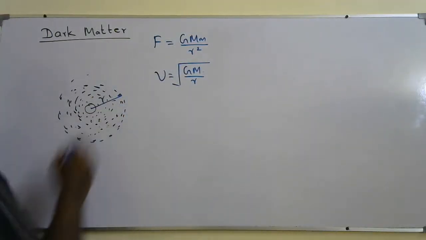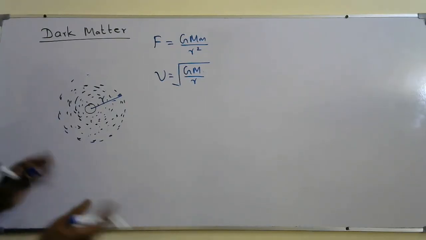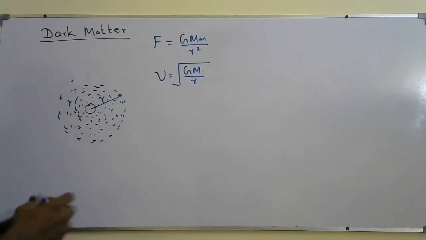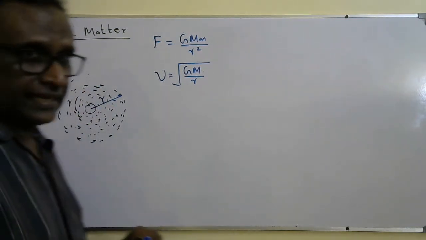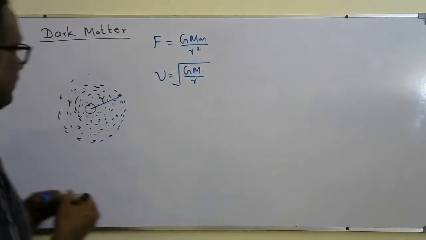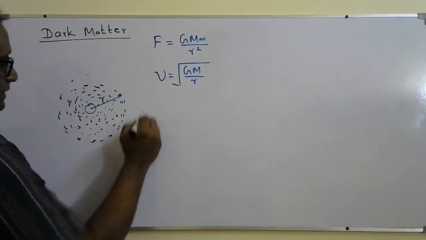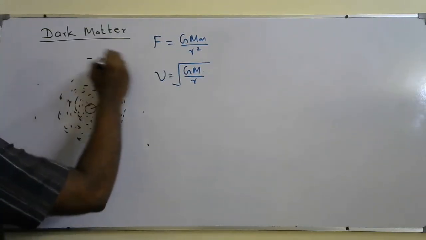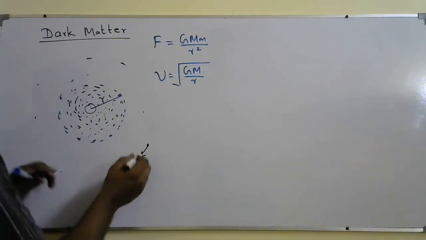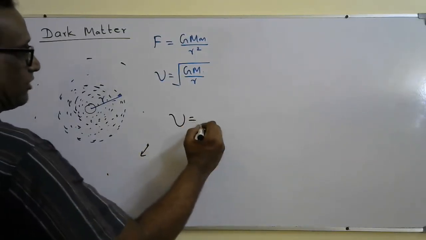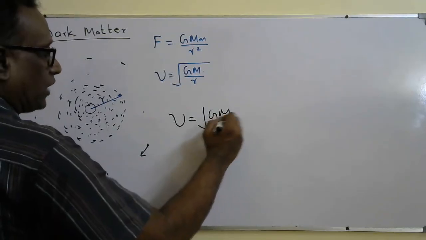Okay, so what observation did they make? I told you that most of the mass of a galaxy is concentrated closer to the nucleus. So when we consider another star which is far away from the nucleus, its speed should also be given by v equals the square root of GM over r.